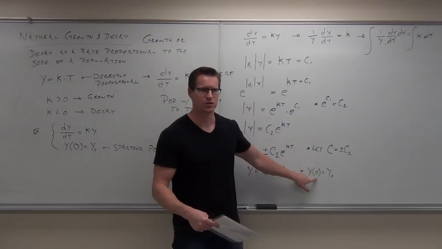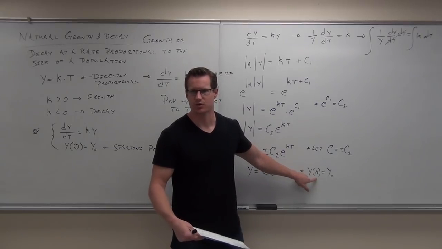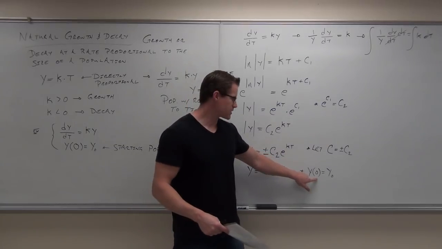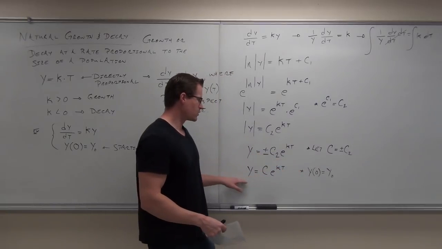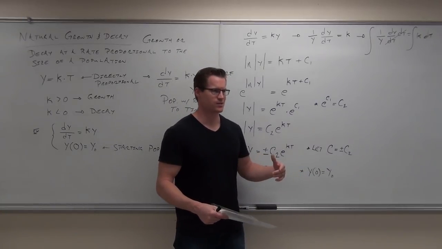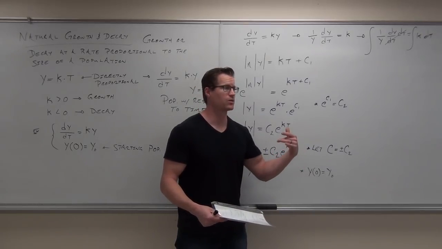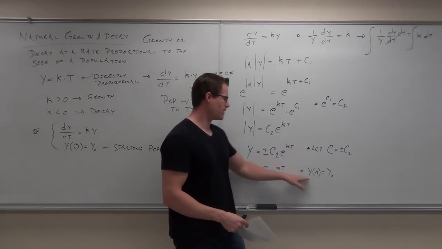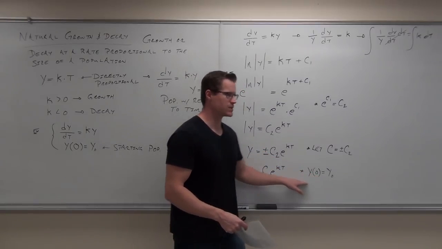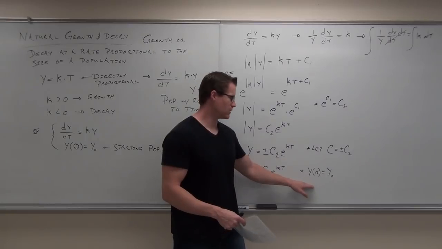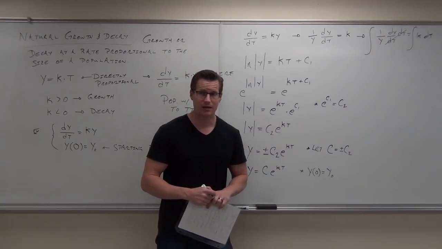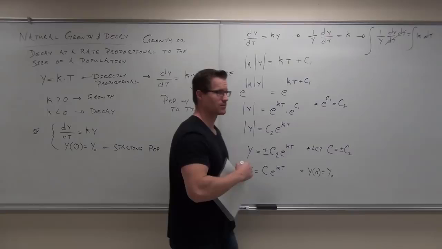So basically when you start your experiment, or when you start your research, or whatever you're talking about. Now we don't have x's here, okay? We have the variables t and y. So what's going to go in place of our t? 0. Good. What's going to go in place of our y? Y sub 0, that's right.